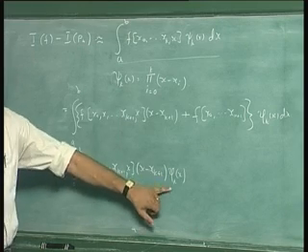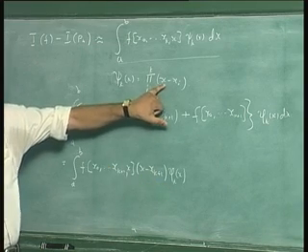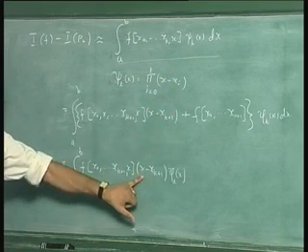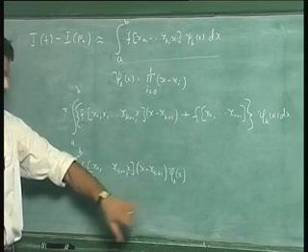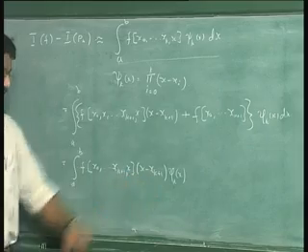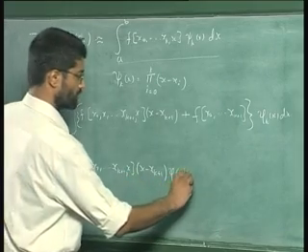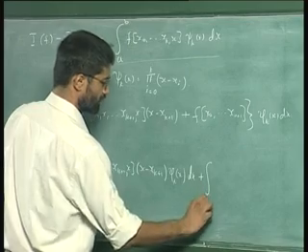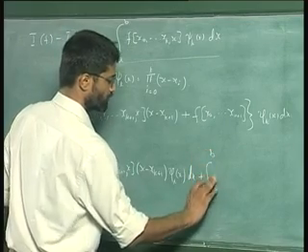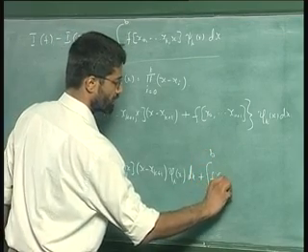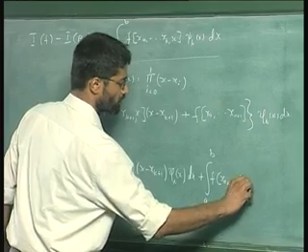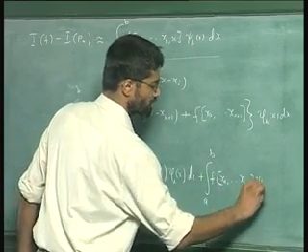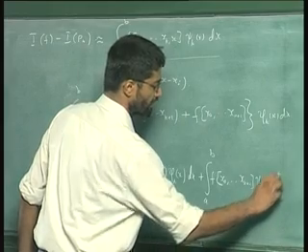So psi k of x is already a product up to (x - xk), starting from (x - x0), but now I have another term, which is (x - xk+1). So this will become psi k+1 of x, and then I have another term into dx, plus integral a to b of f[x0, ..., xk+1] into psi k of x dx.